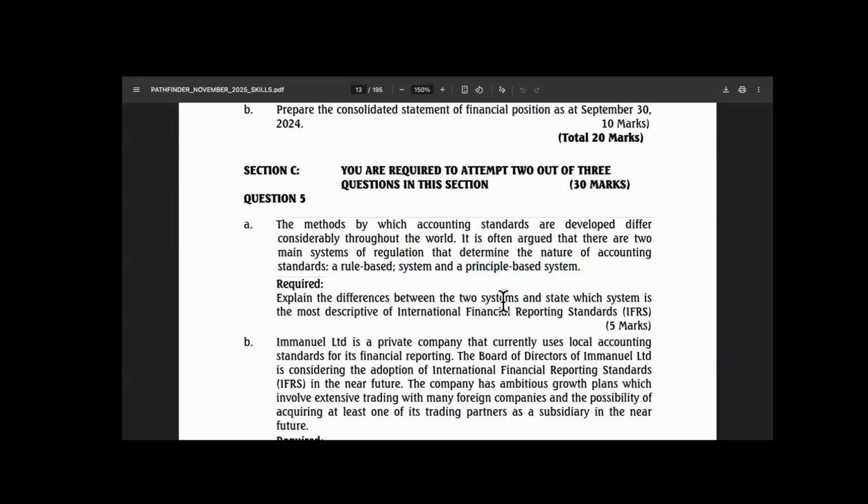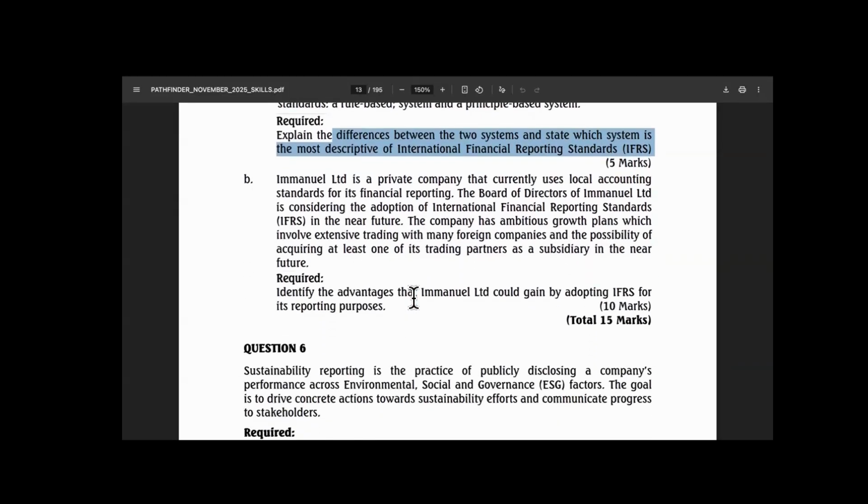Explain the differences between the two systems and state which system is most descriptive. All they are asking here is to talk about rule-based and principle-based, and we discussed it. I gave you an assignment on the advantages and the disadvantages. That's what you're going to play around with here. Just give a few points on the advantages of one, and you can leave away the rest.